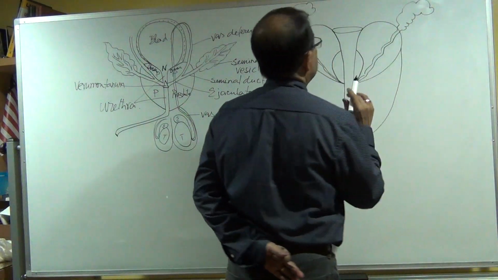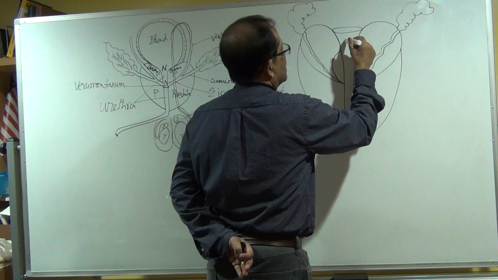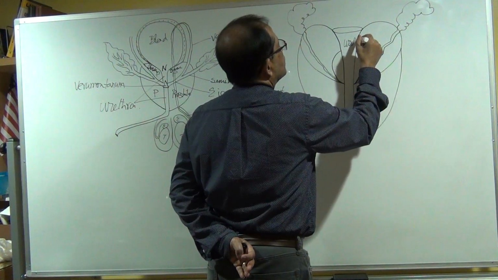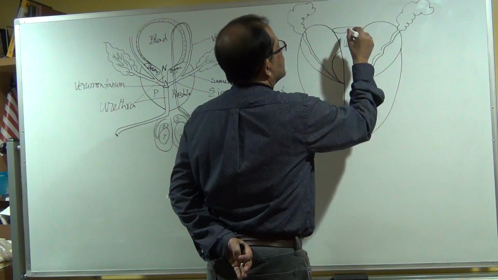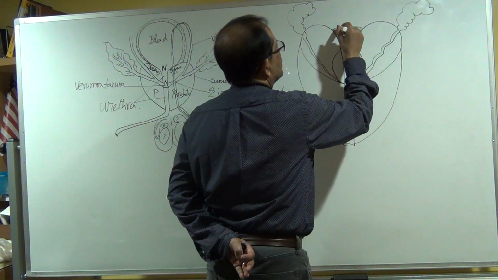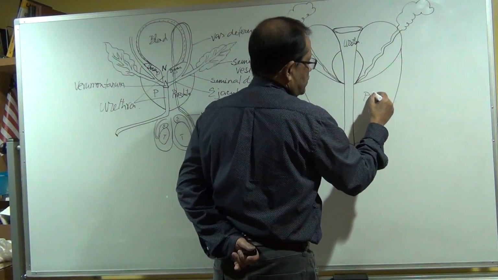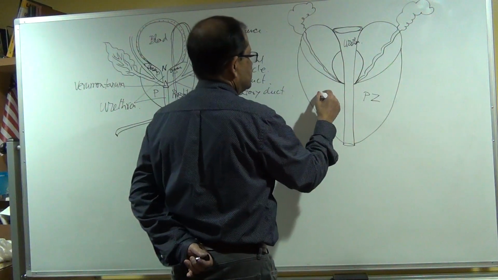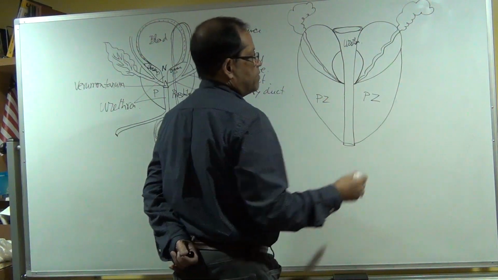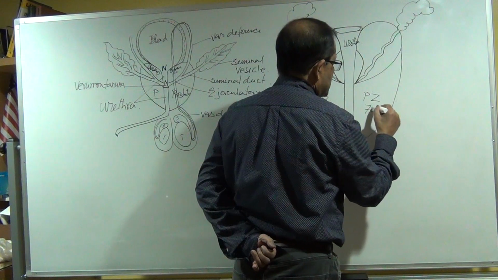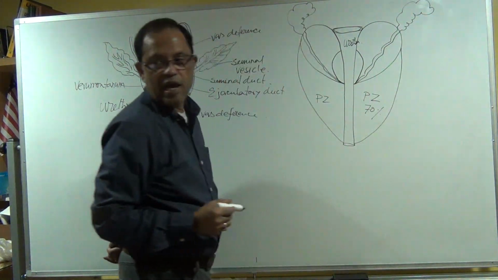You need to know this diagram. So this is urethra. This is peripheral zone, PZ. Peripheral zone is 70% of the gland.